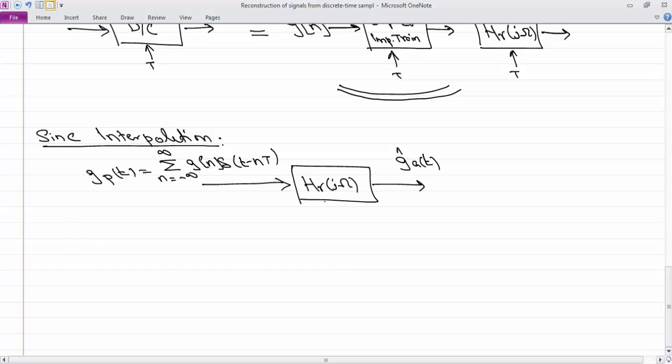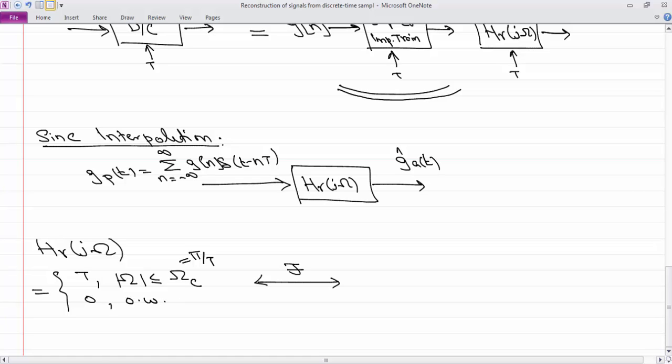Previously we looked at this operation in frequency domain. Let's now look at this operation in time domain. So H_R(jω), which we said is this ideal box filter, for ω less than or equal to ω_c, the cutoff frequency, which is pi by T, and 0 otherwise.